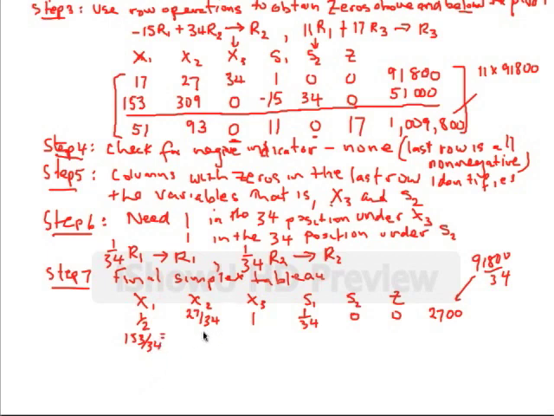But anyway, then we have 309 divided by 34. We're going to have a 0 divided by 34, so that's 0. A negative 15 divided by 34.